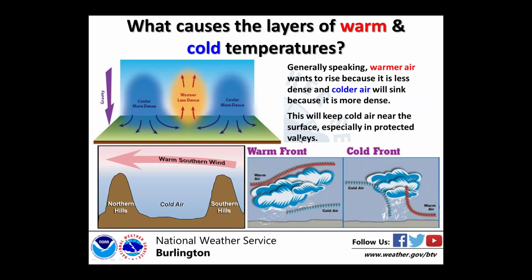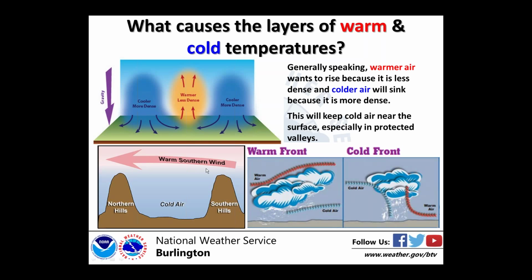So going back to our mixed precipitation, what causes the layers of warm air and cold air? Generally speaking, we should all know that warm air wants to rise because it's less dense, and cold air wants to sink because it's more dense. In this case, when cold air sinks, it wants to stay near the surface, especially in protected valleys. On the left-hand side, you can see the general depiction of cooler air sinking and warm air rising.